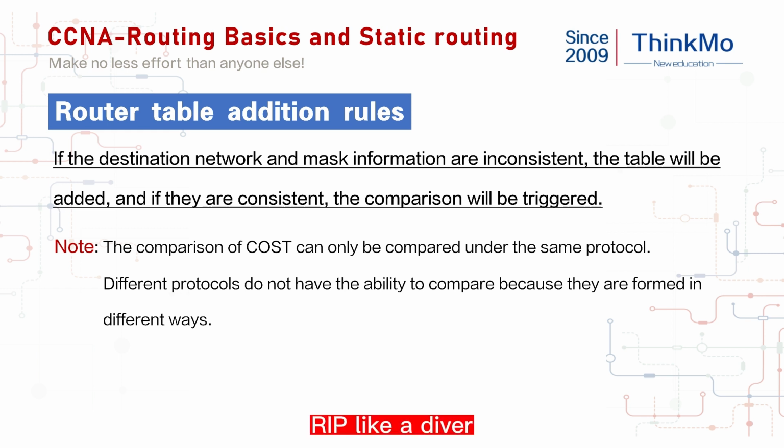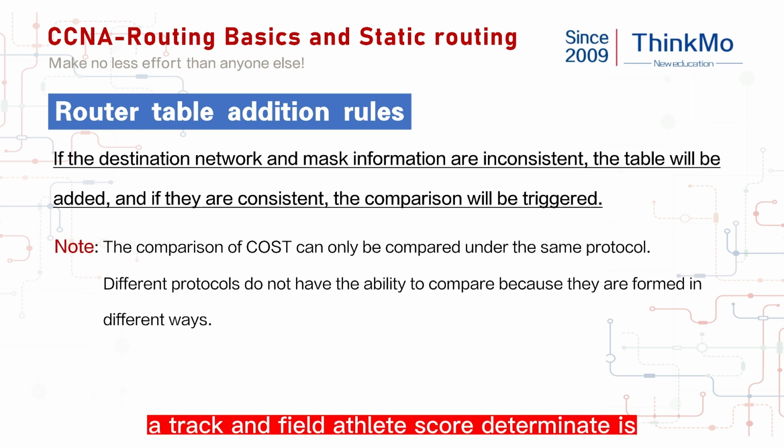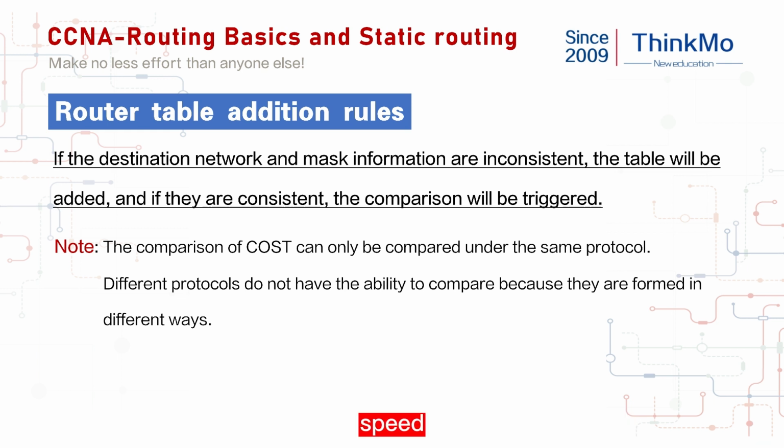RIP is like a diver, OSPF is like a track athlete. The determinants of a diver's score are splash, speed, beautiful lines, etc. Suppose you get 80 points. A track and field athlete's score determinants are speed, start, sprint, etc. Suppose you get 90 points.